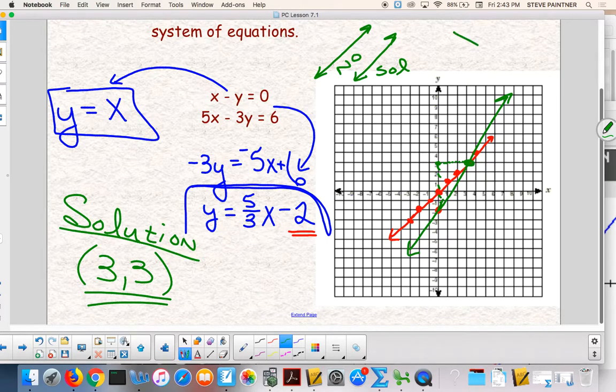There was another one where you had one linear line like that, the other line fell right on top of it, so they touched everywhere. This is the one where you said infinitely many solutions. So there's another couple cases of linear systems right there. But for the most part, you're going to get solutions. There's your solution, 3, 3.